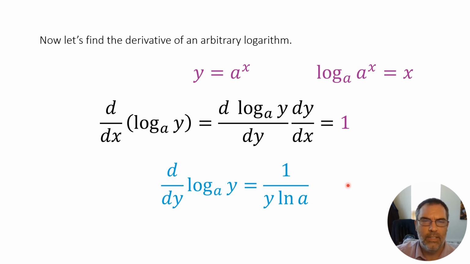All right, it's kind of a mouthful to say this all out, but this now gives us the derivatives of these specific types of functions, whether it's a natural log or an arbitrary logarithm, whether it's a base e exponential or a base a exponential, where a could be anything. We now have the formulas that we can use to find those. We don't have to go through this calculation every time. We can just use this formula to calculate the derivative of any logarithm.